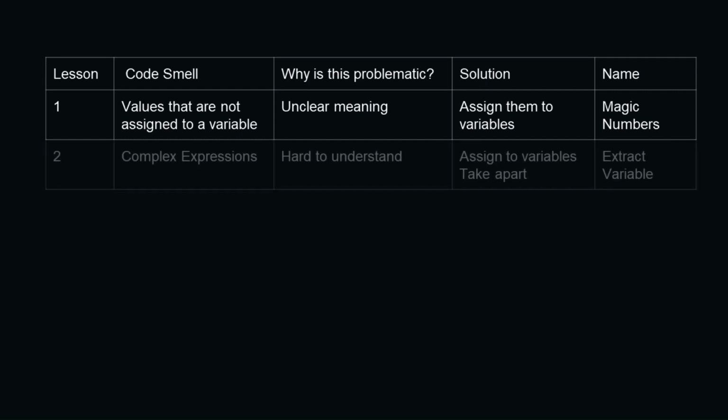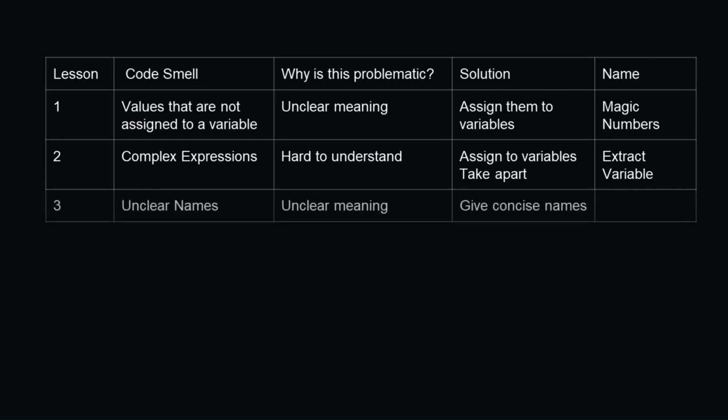Then, in the second lesson, we discussed complex expressions. Complex expressions are hard to understand. We saw we can do two things to make them easier to understand: assign them to variables, or take them apart. This technique is called extract variable. In the third lesson, we saw that unclear names are confusing, and so we learned how to better name variables.